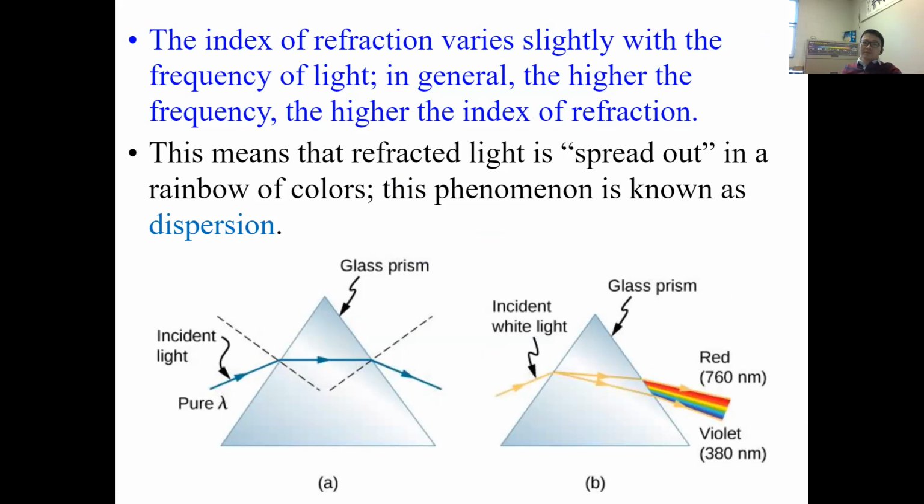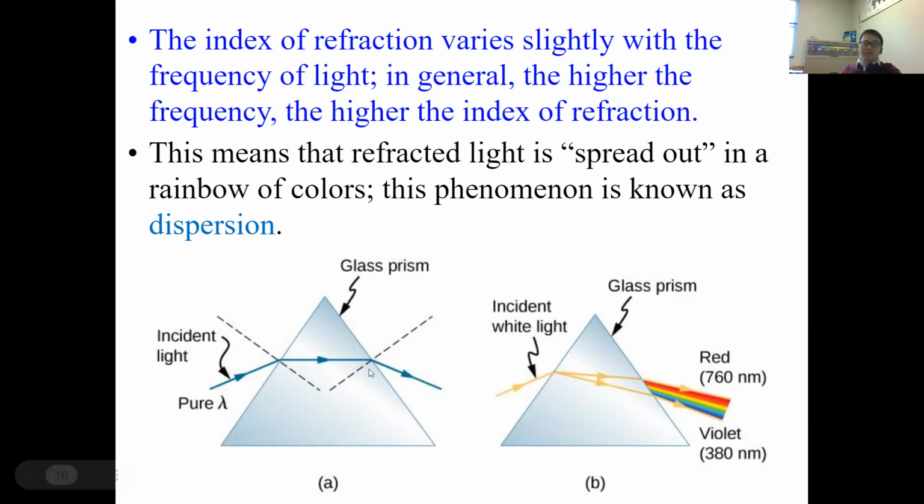As a result, the index of refraction depends on the frequency of the light. So if you have different colors in the incident light, they can be separated out because they will be refracted at different angles into the medium.